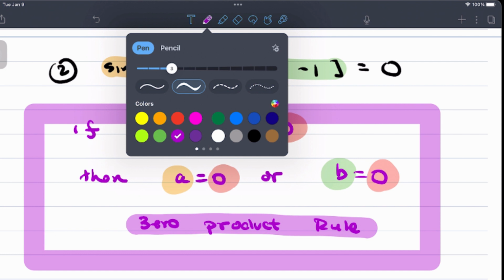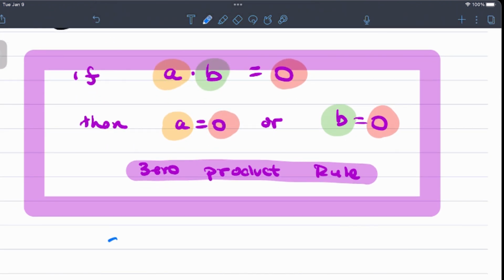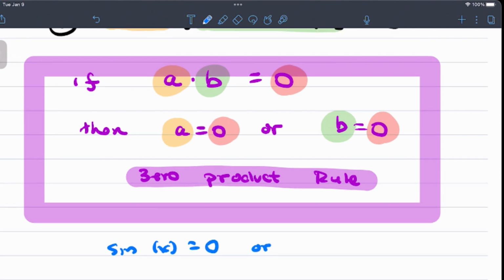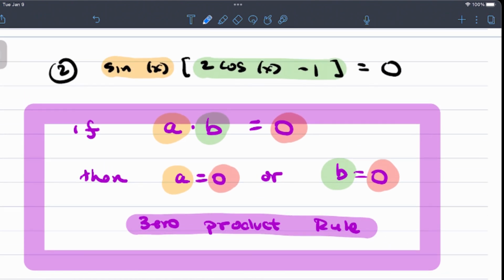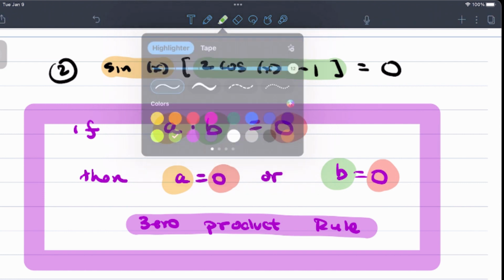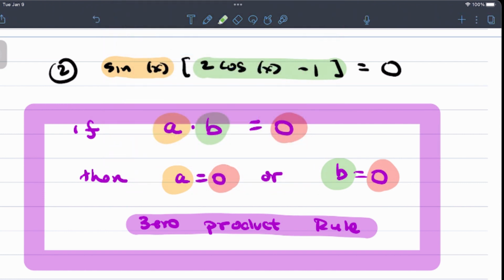What that means then is that forces us to say sine equals 0 or 2 cosine minus 1 equals 0. So notice this, ladies and gentlemen. Did I use the zero product rule? What do you think? We just set both of them equal to 0, is that right? Is that true?